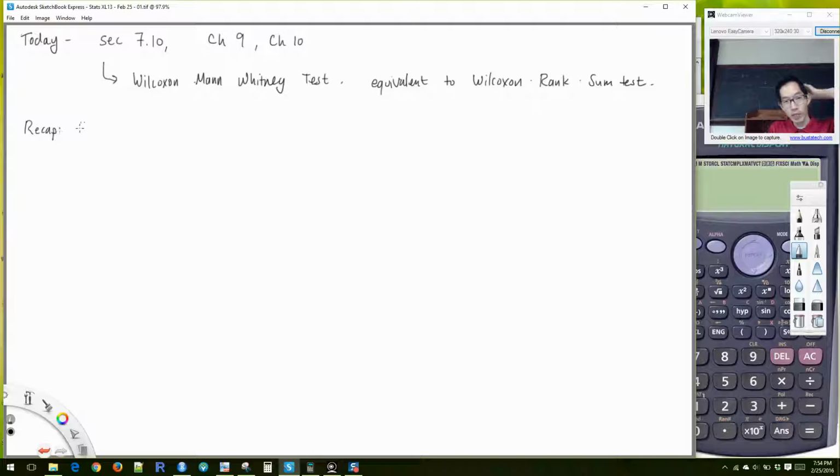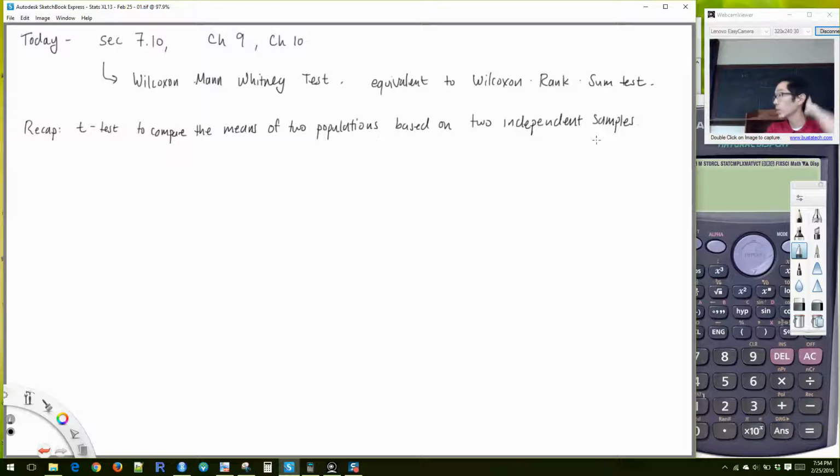So we have the t-test to compare the means of two populations based on two independent samples. Okay, so this is what we covered in chapter 7.